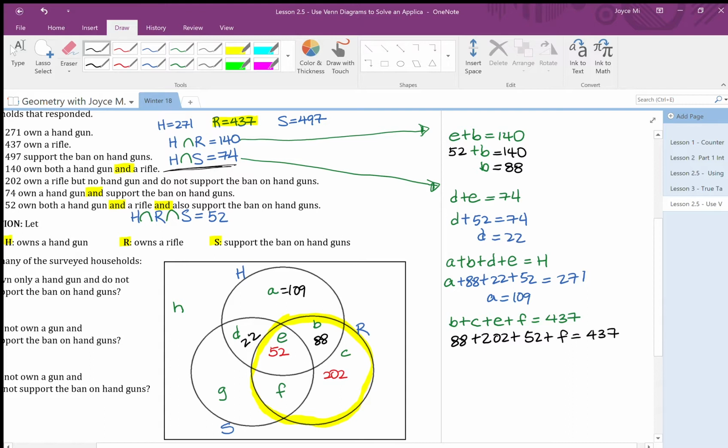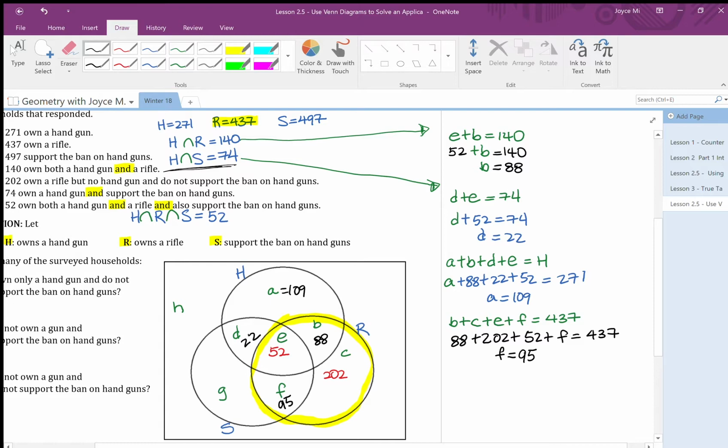So 437 minus 88 minus 202, then minus 52, you should get F is equal to 95. I would recommend that you pause the video and try to solve it yourself. So that is 95. Let me write it better. So this region here is 95.